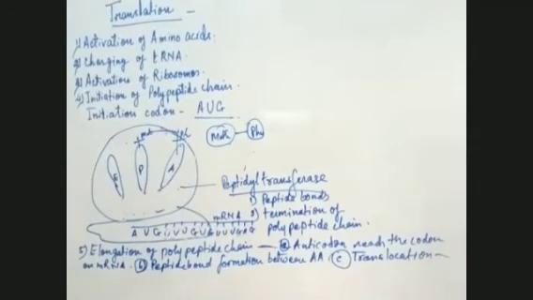And this process, I'm writing here, movement of ribosomes along messenger RNA is known as translocation. And what does it require? It requires a form of energy, and that energy is GTP, guanosine triphosphate.